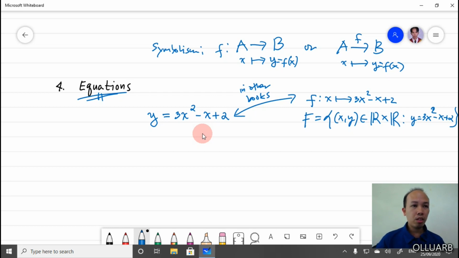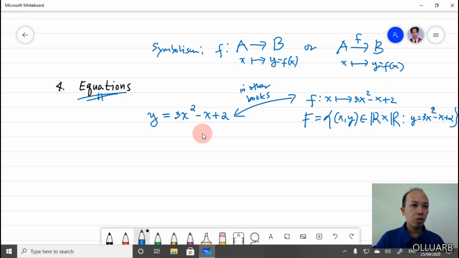Okay, so as you can see here, the question is, as I mentioned a while ago in the introduction of this topic, equations, I've said that students are having a hard time finding the domain of the relation or the function.